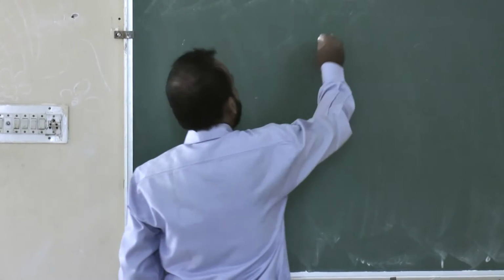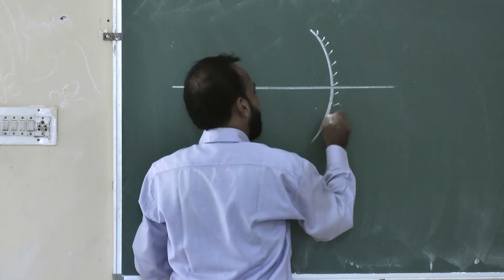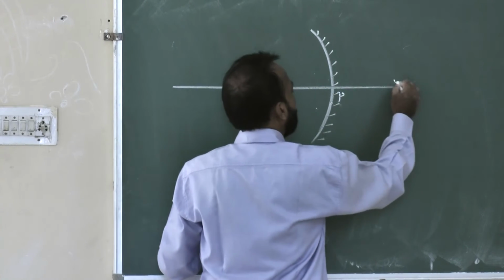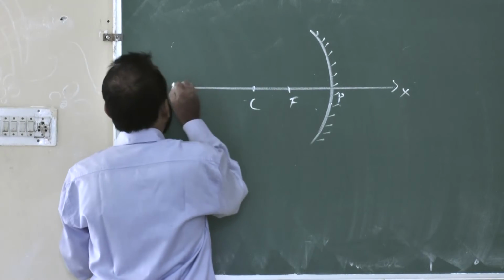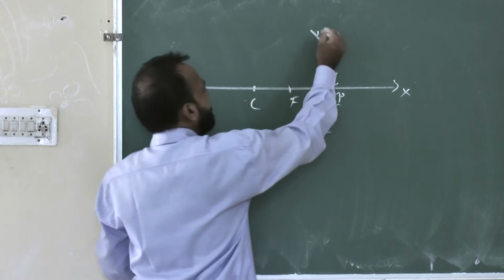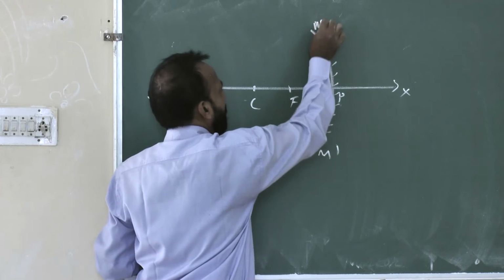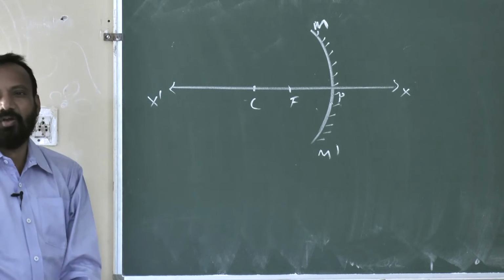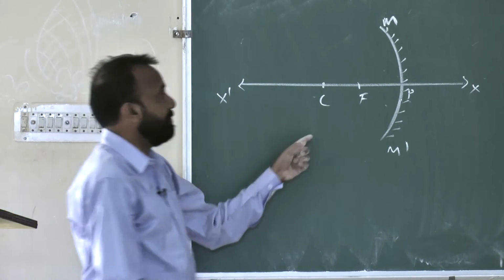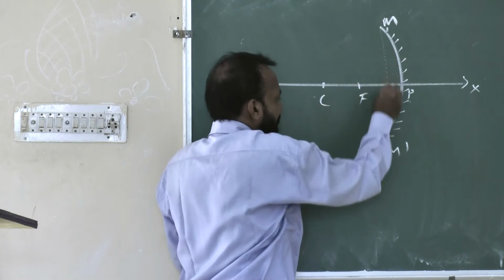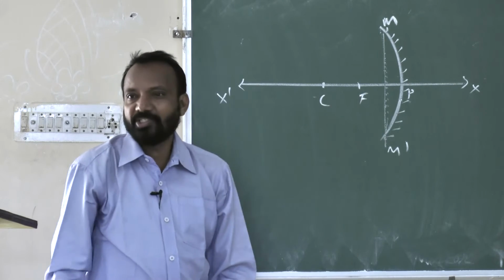You see, one mirror is there. What kind of mirror? Concave mirror. Till now we are discussing the concave mirror. P, this is the principal axis, this is the focus, this is the center of curvature, X dash principal axis, this is the mirror M M dash. The size of the mirror, the distance between the ends of this mirror, is called what?